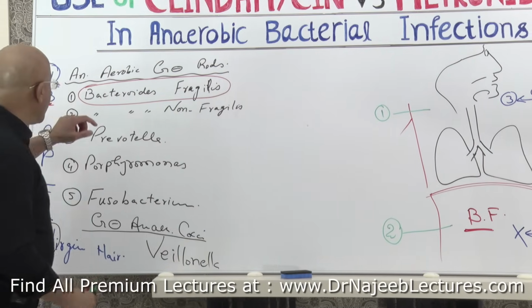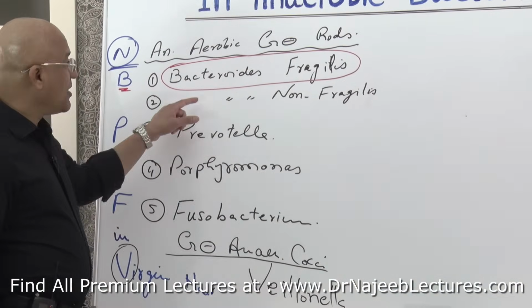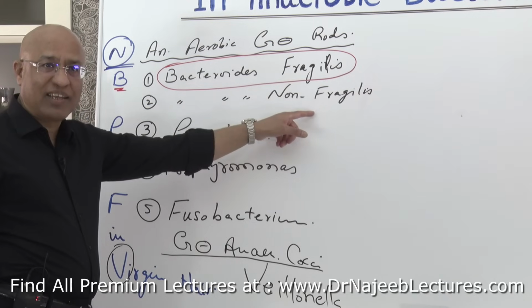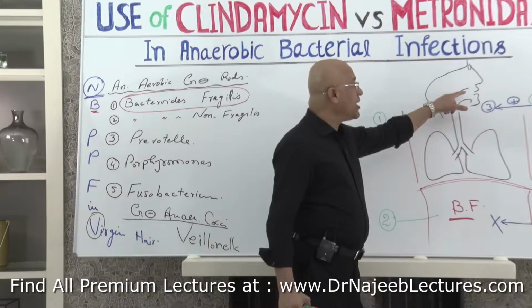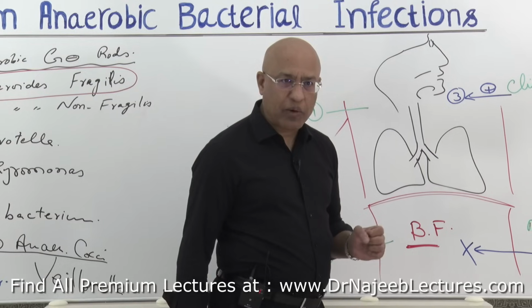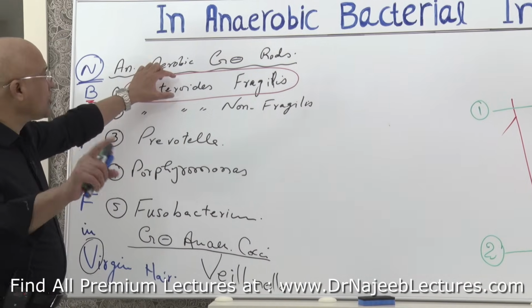And Bacteroides non-fragilis, which does not have F, non-fragilis, is common in the orodental area or oropharyngeal microbiota, right? Now, this is something I want to stress on all of you.